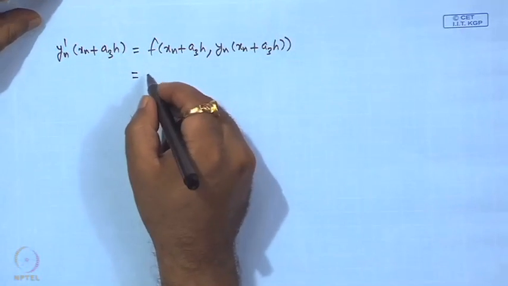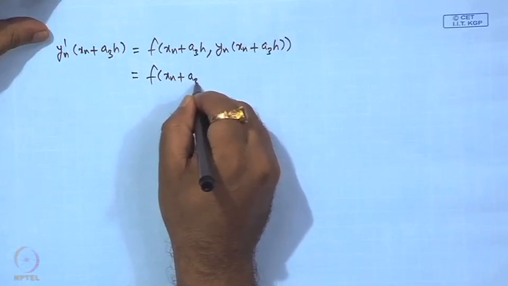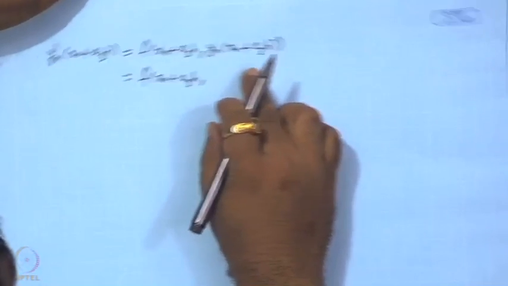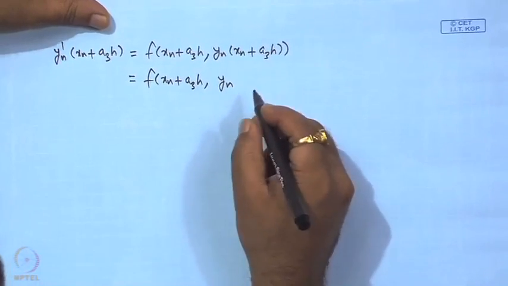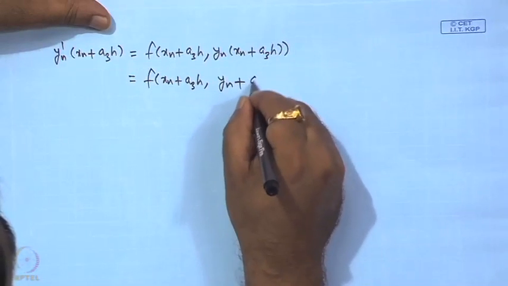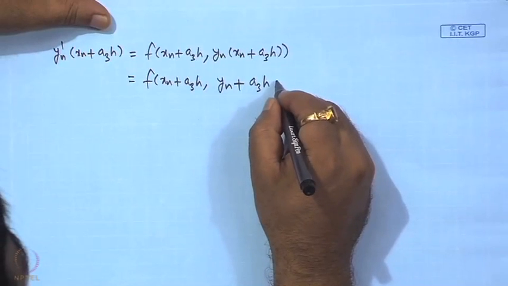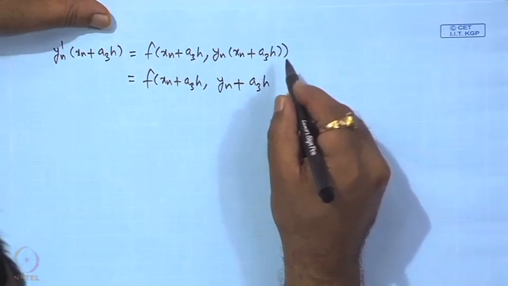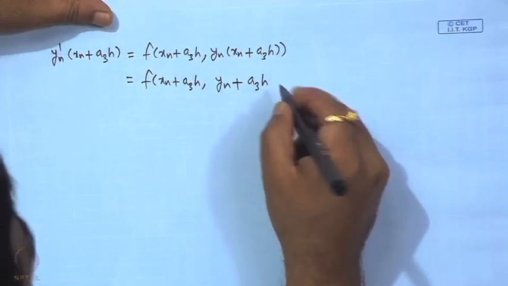So, this is y n plus the increment a 3 h, then we have y dash of x n, right. This we try to get in a weighted average sense.